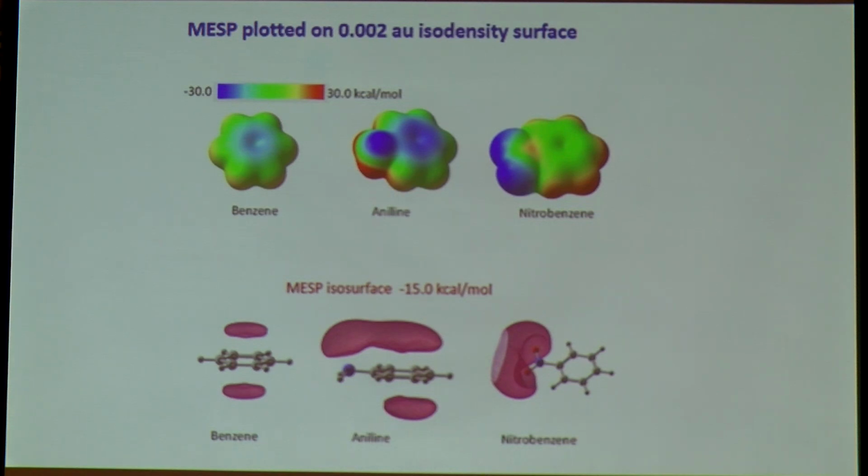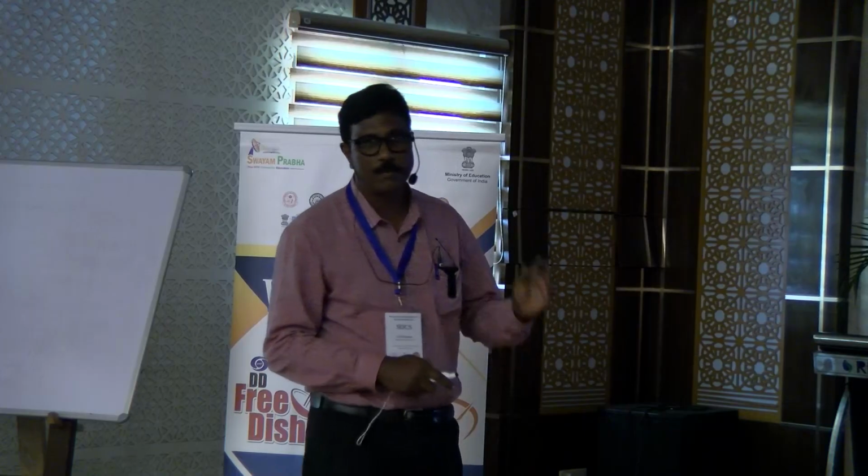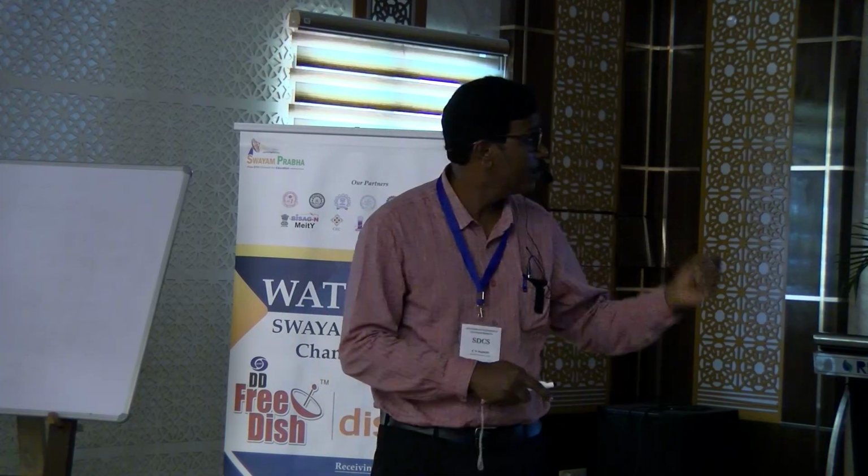Already Professor Gadre showed that. And recently, one of my students surveyed the whole list of substituents, around 400 of them. And then we found that this can be correlated with the sigma p Hammett constant. And there are many outliers, which means that some of these Hammett constants we need to revise.